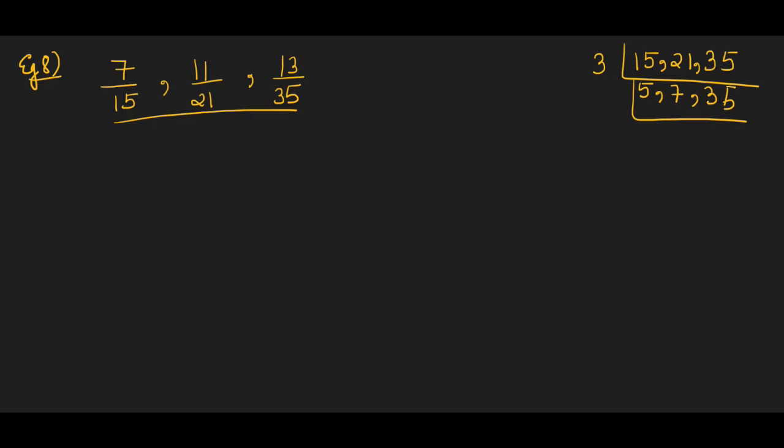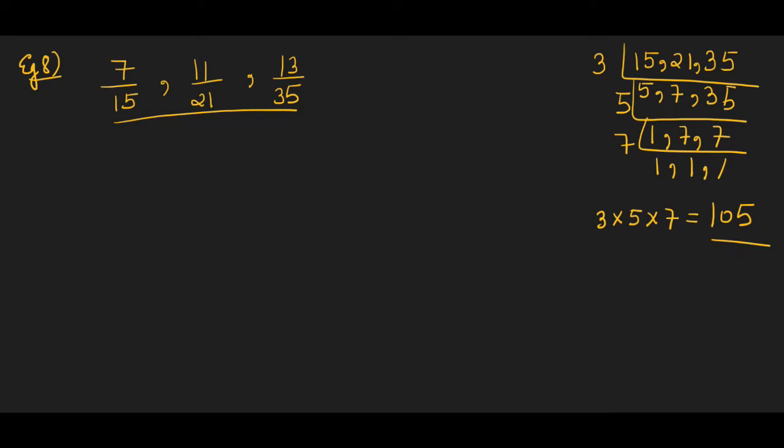Now 5 1s are 5, 5 7s are 35, 7 1 1. So 3 into 5 into 7, and on multiplying, 5 3s are 15, 15 7s is 105. So the LCM of the three denominators is 105.